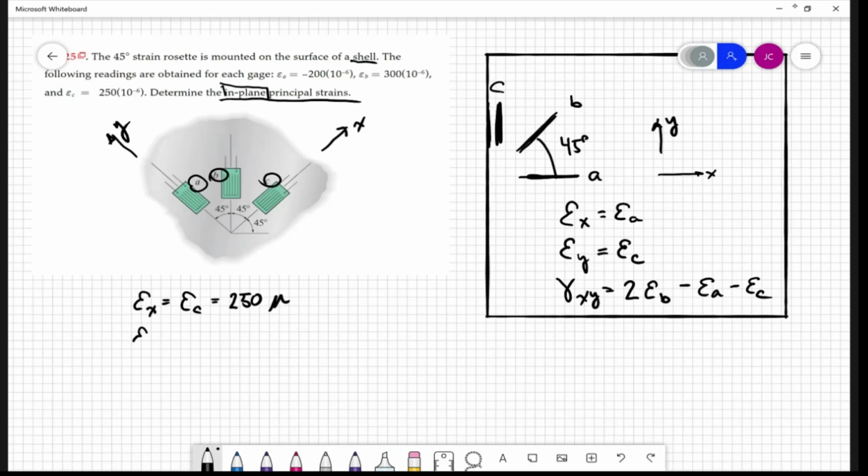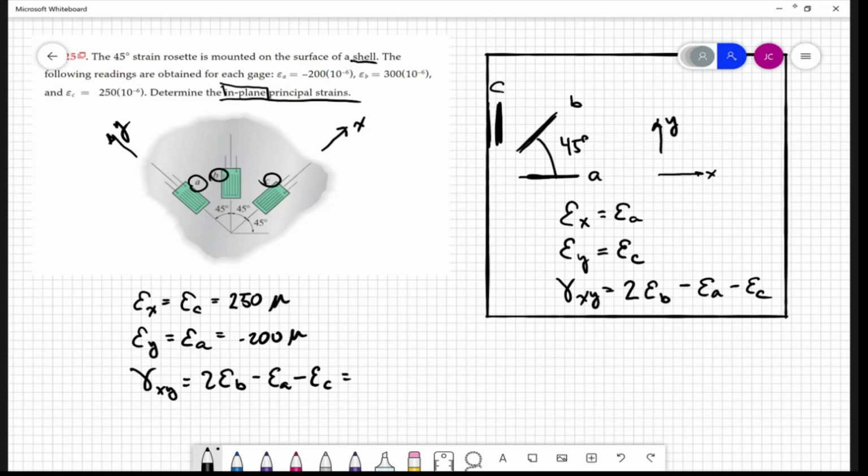The normal strain in the Y direction is what's read off of strain gauge A, and that is minus 200 microstrains. And then the shear strain in the plane is going to be what's read off of the intermediary strain gauge, B, minus A minus C.